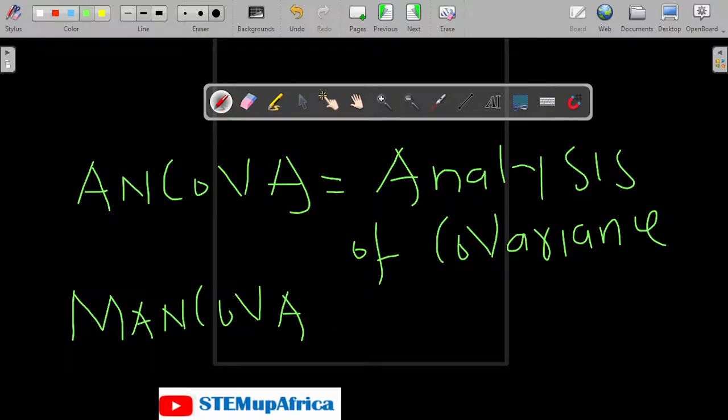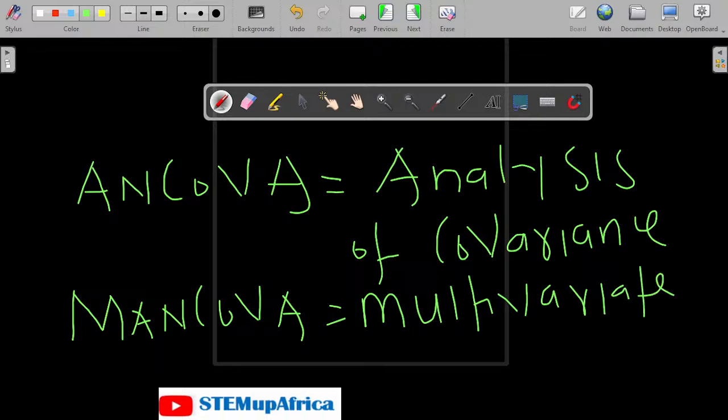MANCOVA stands for multivariate analysis of covariance. Analysis of covariance.